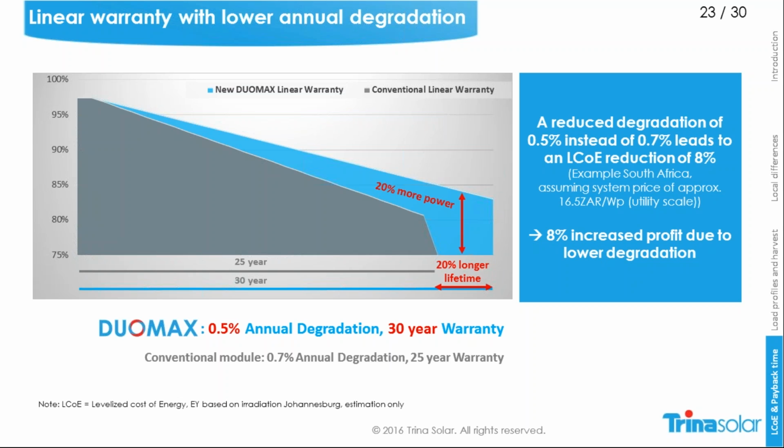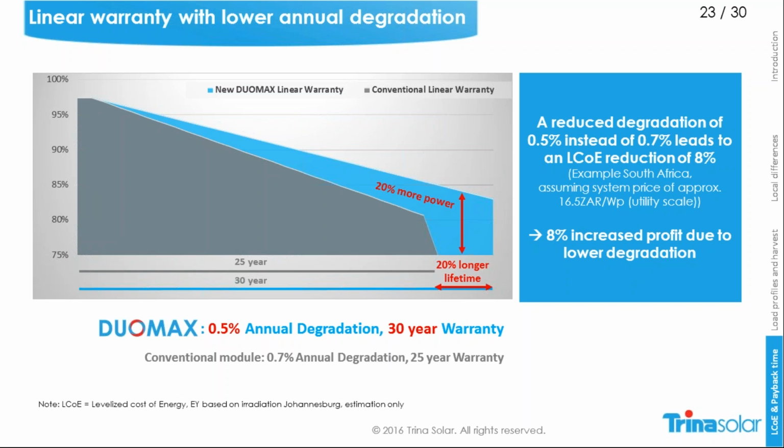That means over the project lifetime, in this example, an example in South Africa, we have a system cost of approximately 16.5 rand. The 16.5 rand is approximately €1 or $1.1 per watt. The DuoMax additionally has the advantage of 1500 volt capabilities.